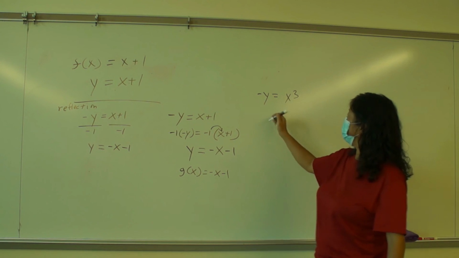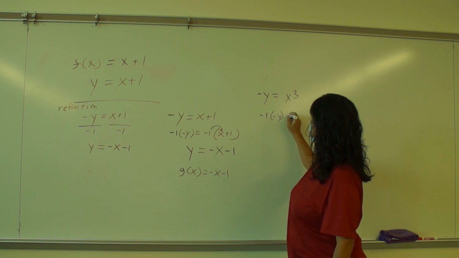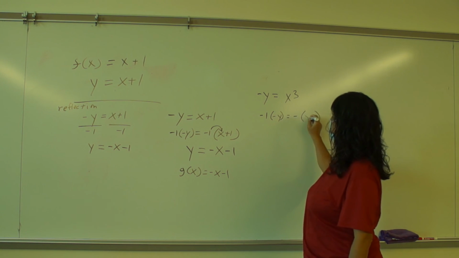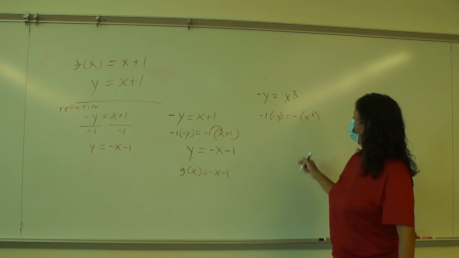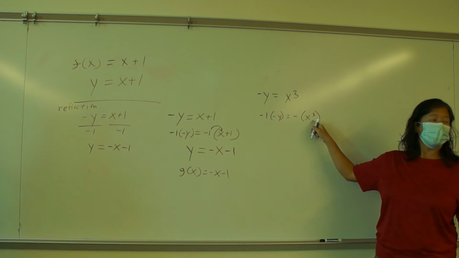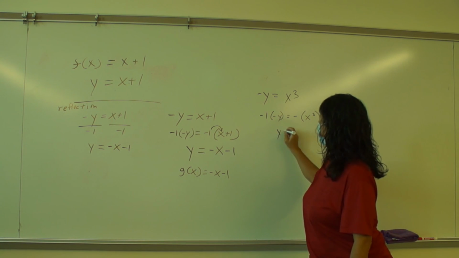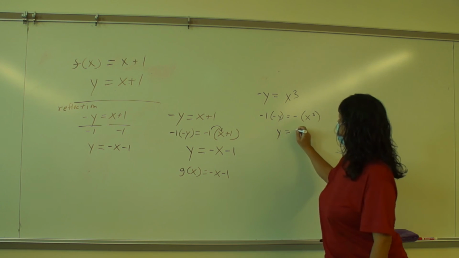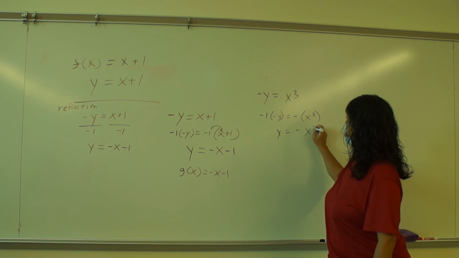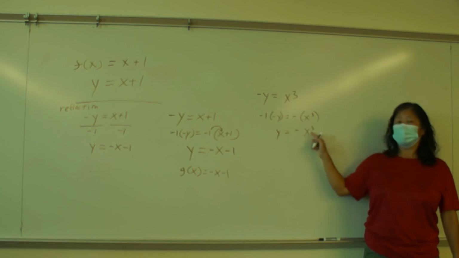Now, if I multiply both sides by negative 1, what's the 3 acting on? Just the x, right? So if I multiply negative 1 times negative y, I get y equals, and then I have negative x to the 3rd. This 3 is not acting on negative x.